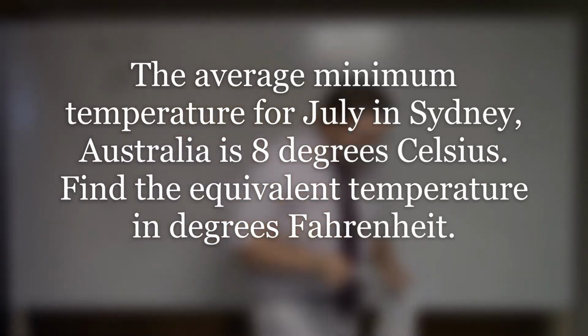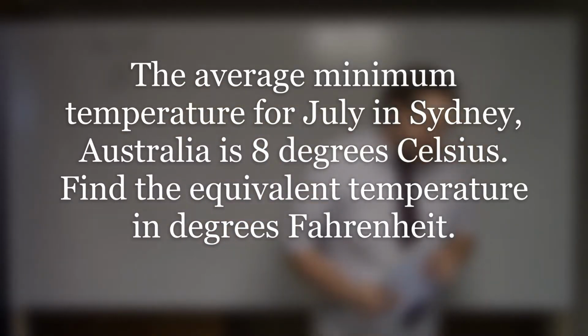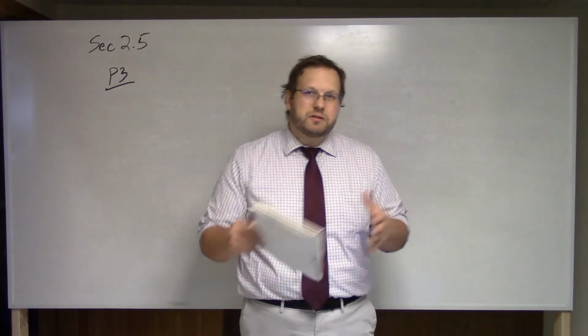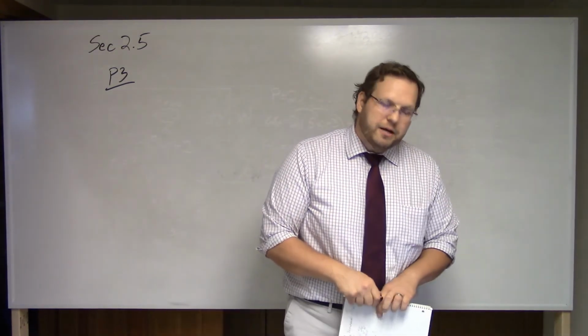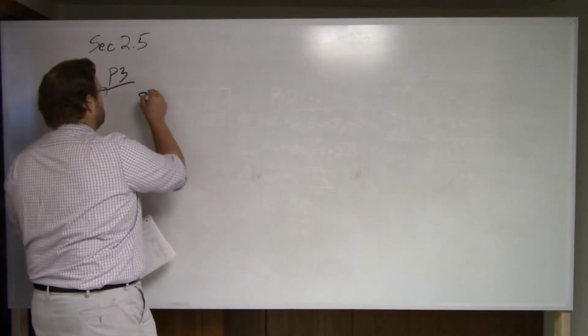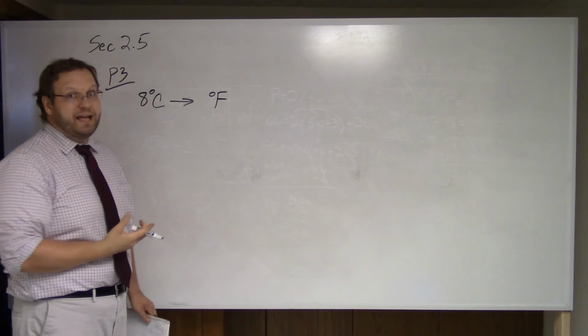Practice 3 states, the average minimum temperature for July in Sydney, Australia is 8 degrees Celsius. Find the equivalent temperature in degrees Fahrenheit. There's a lot of detail there, but all we really care about is we are taking 8 degrees Celsius and converting it to degrees Fahrenheit. That's really all they had to say.